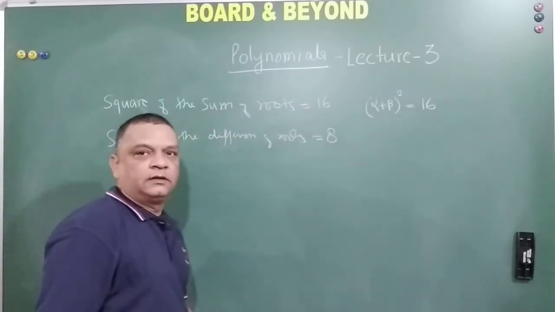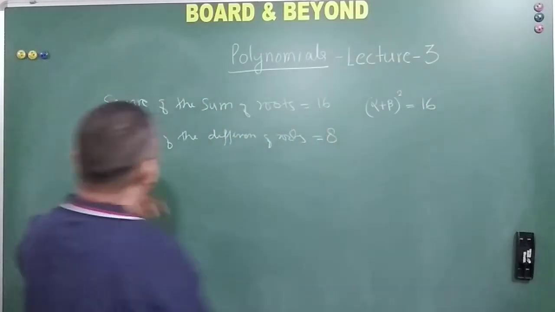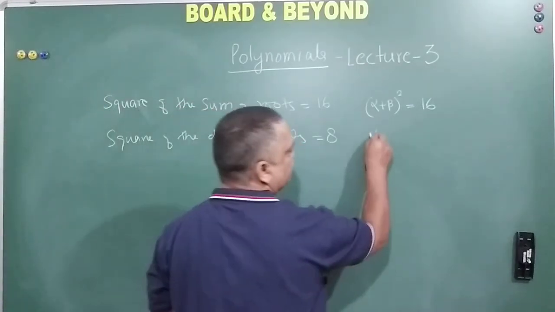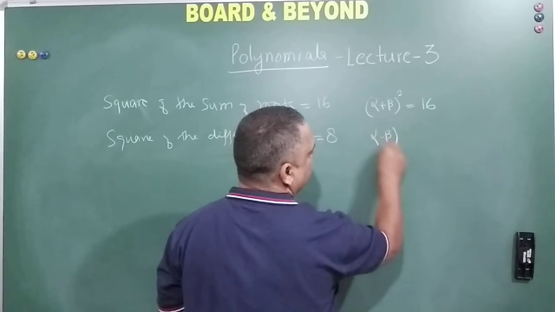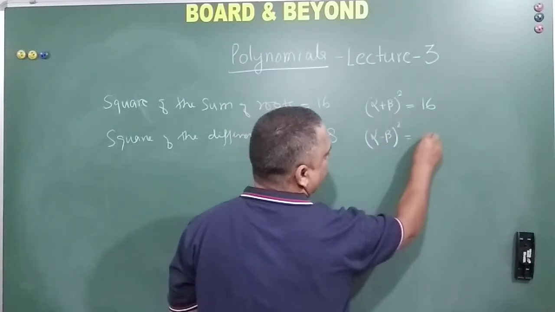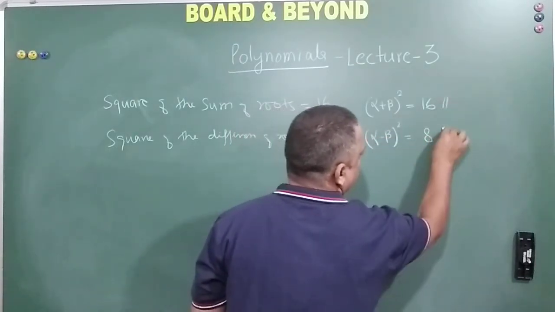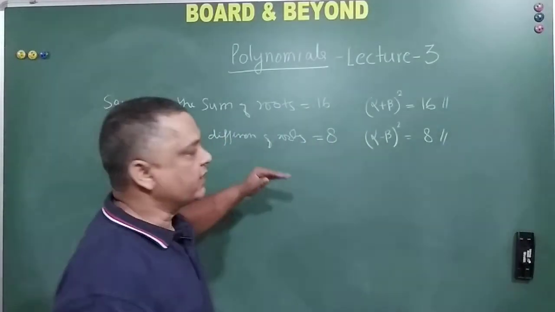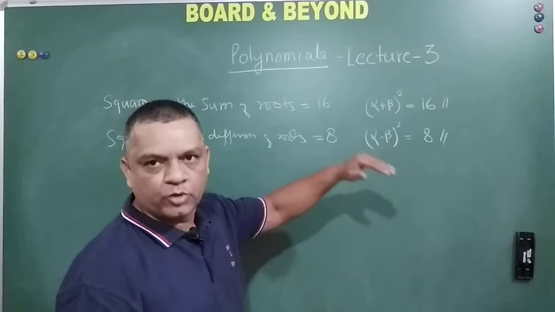And square of the difference of roots is equal to 8, so alpha minus beta whole square is equal to 8. These are the two things given, and you are expected to find a quadratic polynomial which has these properties.